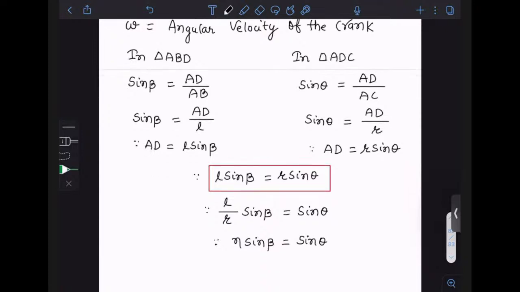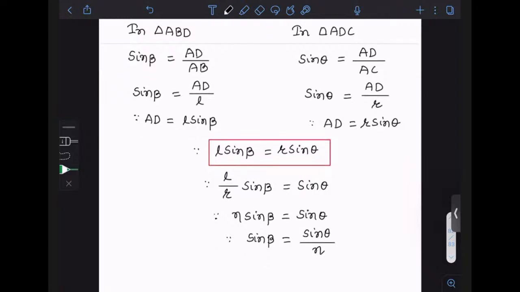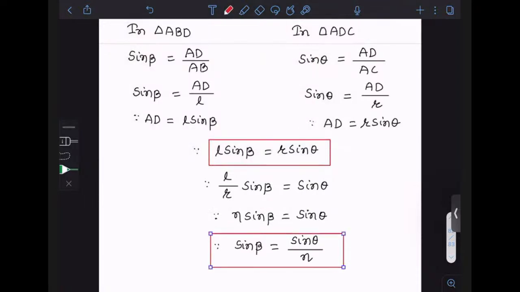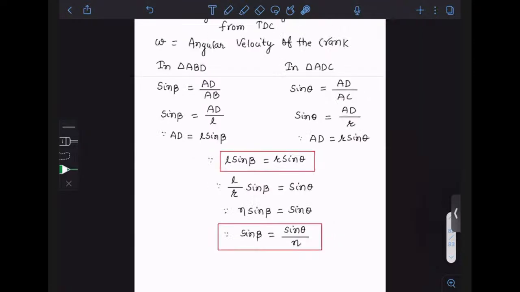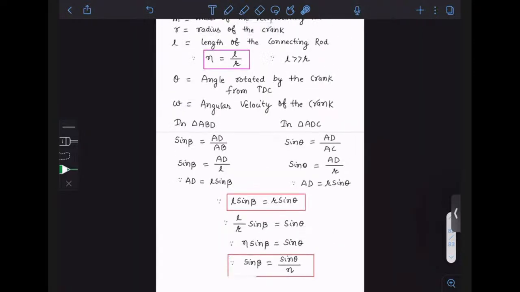Correct, my dear? Now tell me. So here sine beta is equal to sine theta by N. Very important result it is. Clear? So this is a very important discussion you must remember.